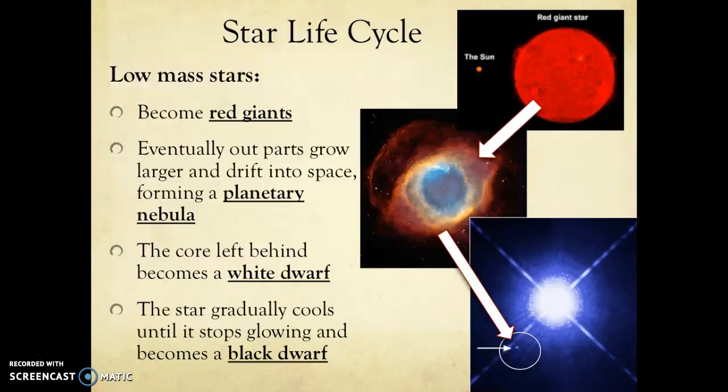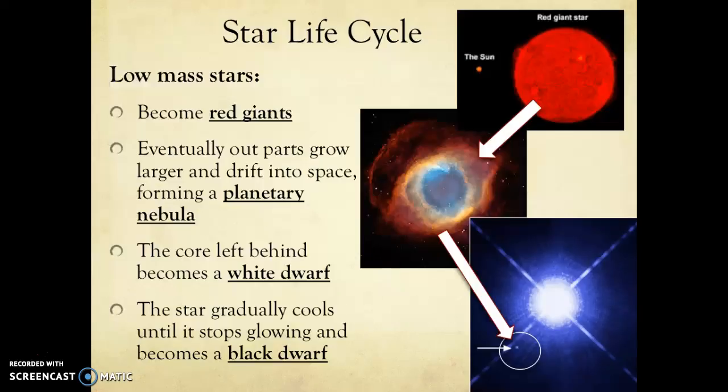One of them is a white dwarf, and that's the one in that white circle with the arrows pointing to it. So that itty-bitty little spot, that's a white dwarf. So they're very small stars, and again, this was originally the core of the star that is basically dying. So this is at the center of the planetary nebula.